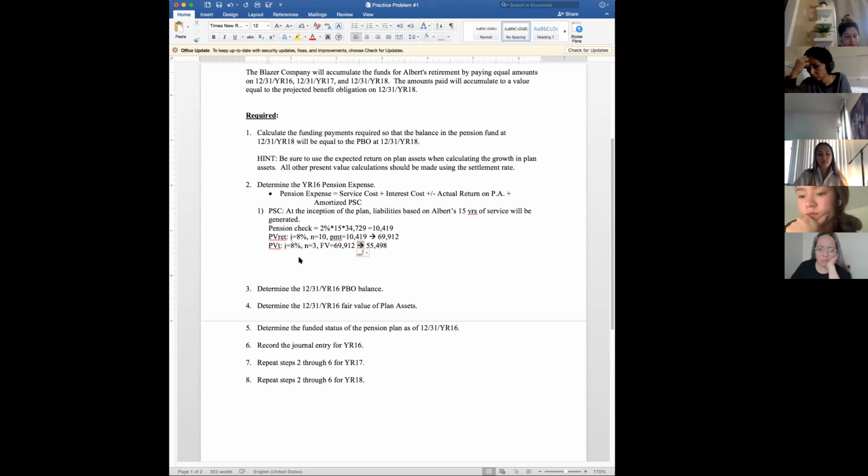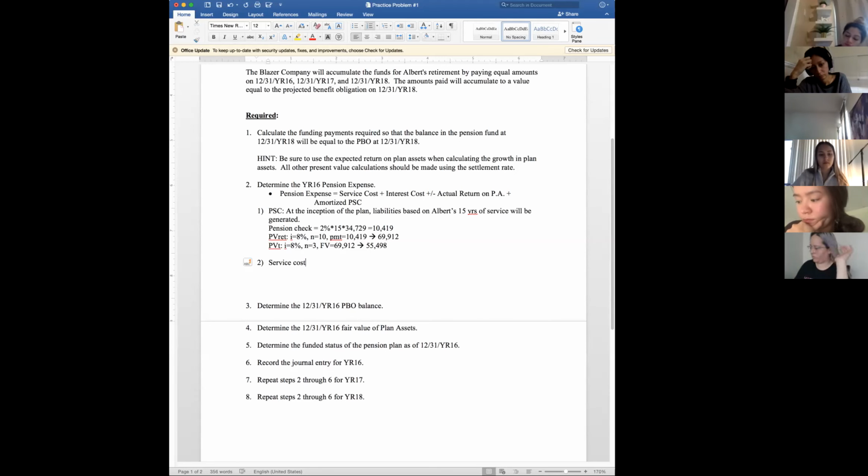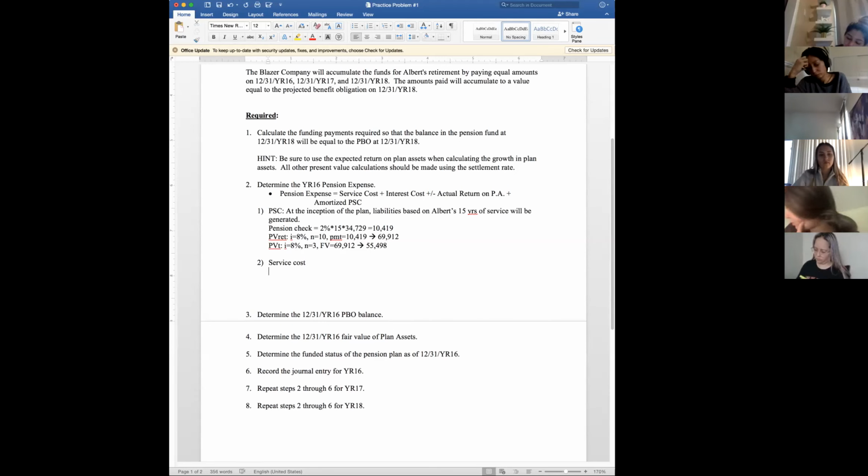All right, then. Second thing, let's do service cost for year 16. Service cost, same thing, start with the pension check, 2%. Service cost for year 16.